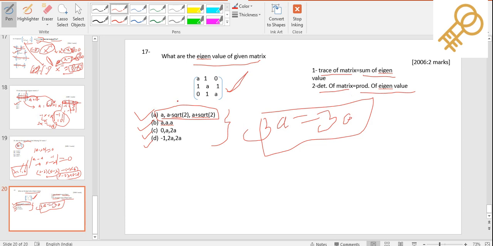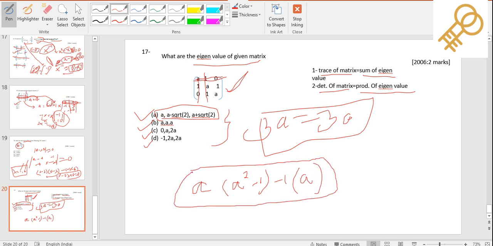So the determinant of the matrix, if you solve this matrix, you will get a into a square minus 1, and then minus 1 into this, this cancels out, a, right?